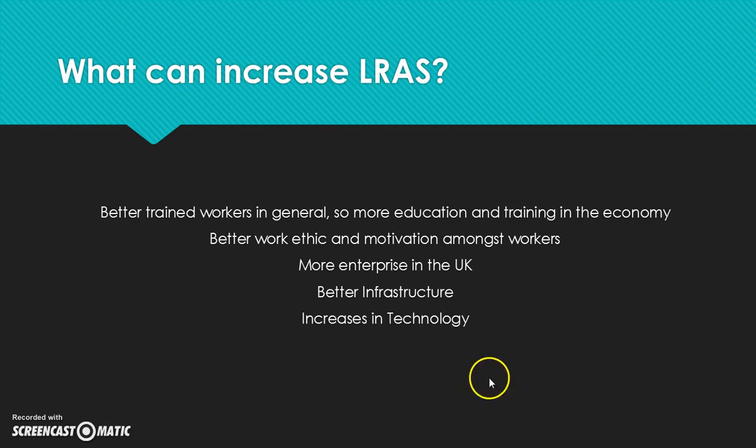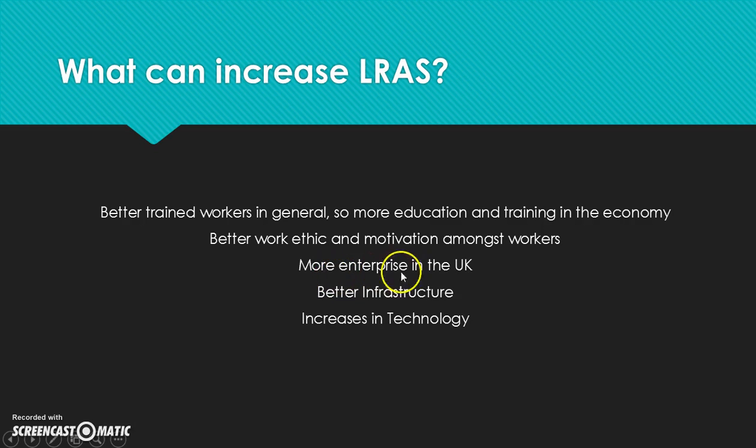So for example, if generally in your economy your workers are becoming more educated, better training, we've got better quality schools and a better quality workforce, that will increase supply in the long term because better workers means they can produce more. A second thing is if generally in your economy over a long period of time the work ethic and the motivation amongst your workers increases, then that is also going to make them work harder, more efficiently, which means supply will increase.